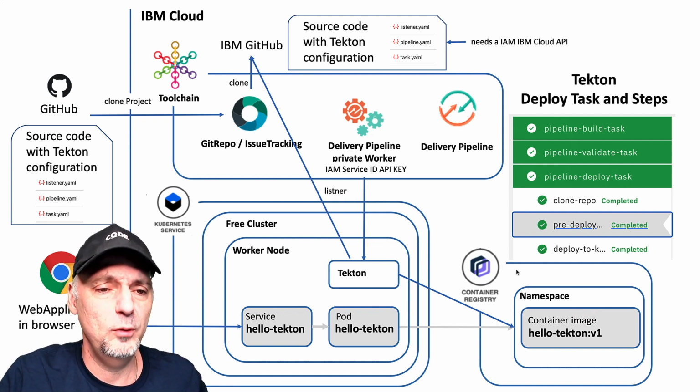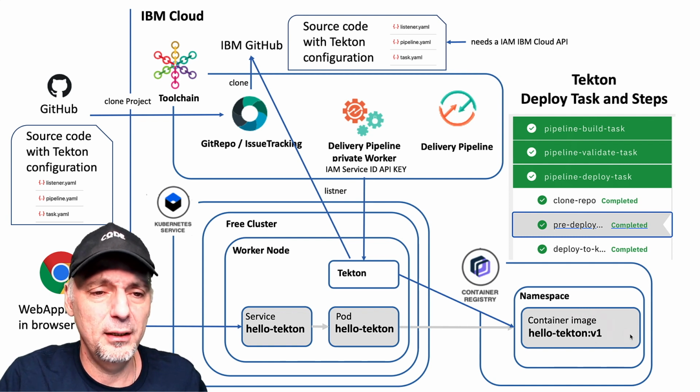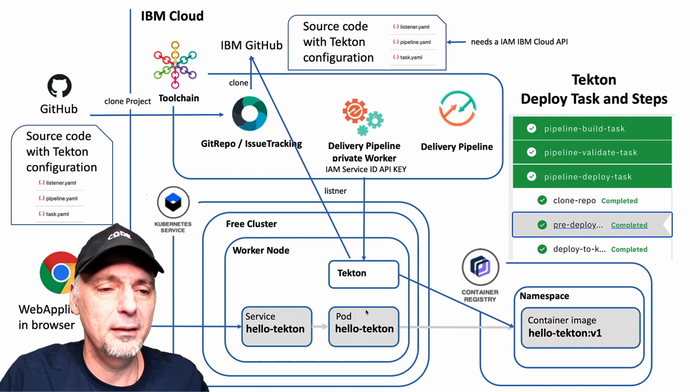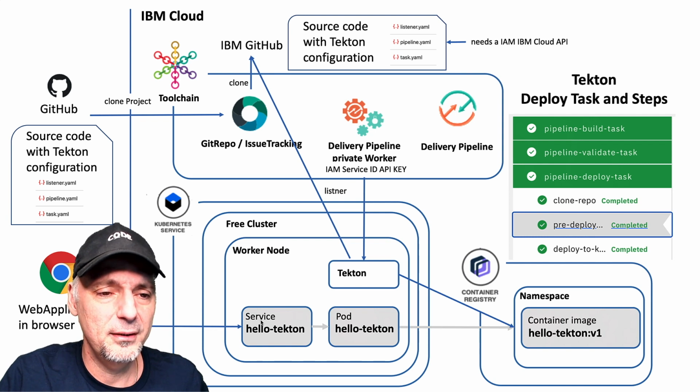So that means we know where the container image lives, where it is stored, and then we are going to deploy first the container to a pod. The pod is running, and then we will define a service.